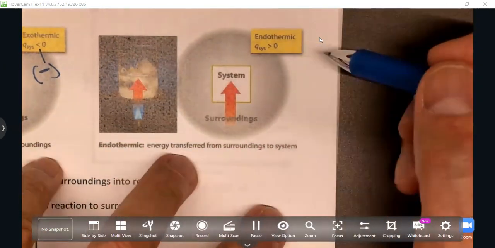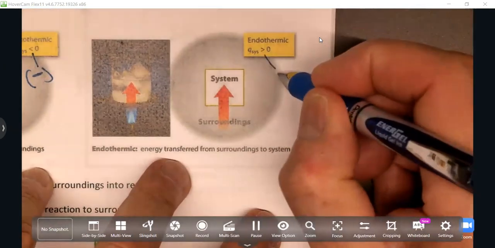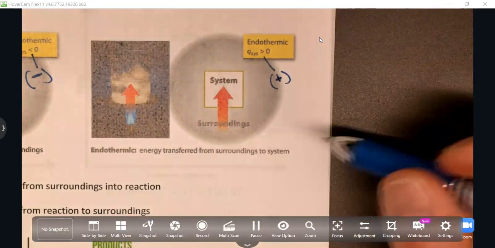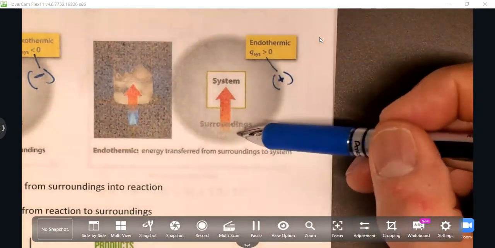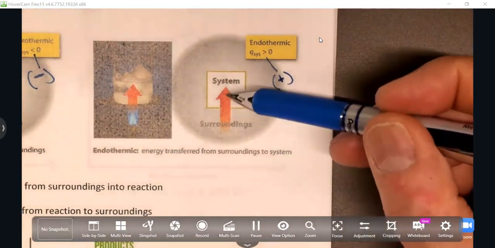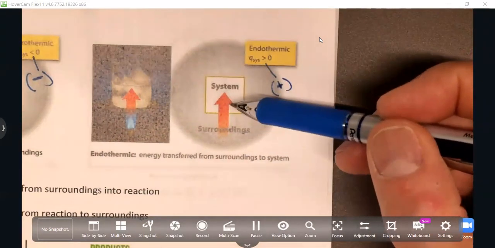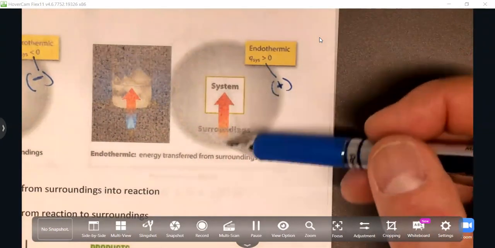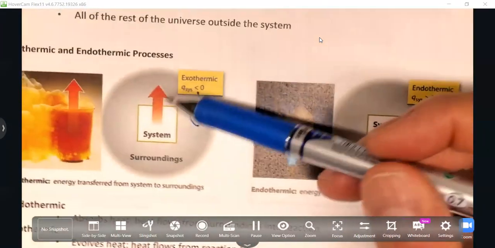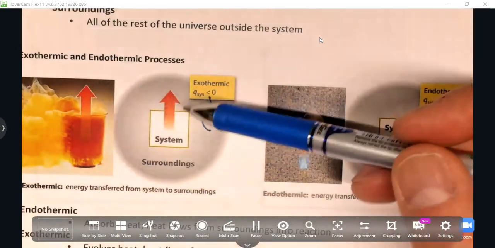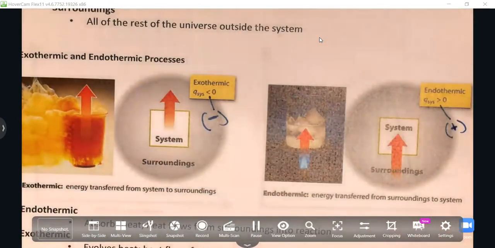So in that case, when we calculate heat, we are going to end up with a positive value. And in this case, the surroundings, you figure out your room temperature, the room has to put heat into the system, right? If we just think about a beaker and ice water here. Here, heat is going to go out of the system and into the surroundings.